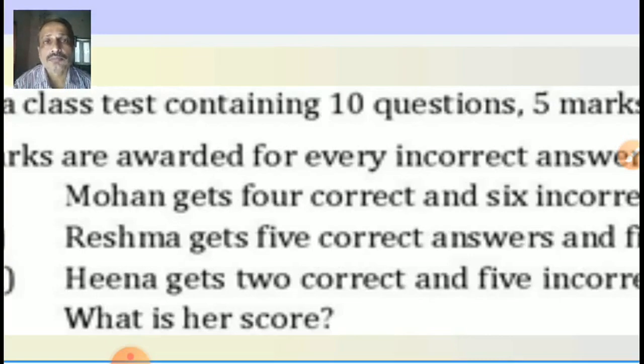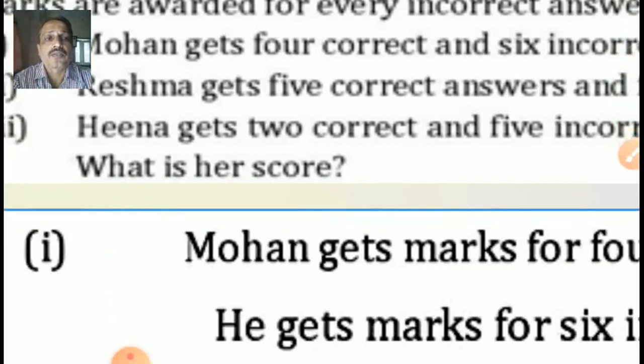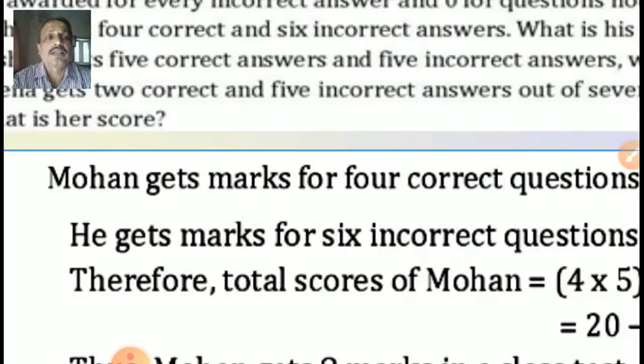What we have to do now? Add or subtract? Minus and plus, that means subtraction. 20 minus 12, you will get one answer. Yes, let's see the answer. Here is the answer.